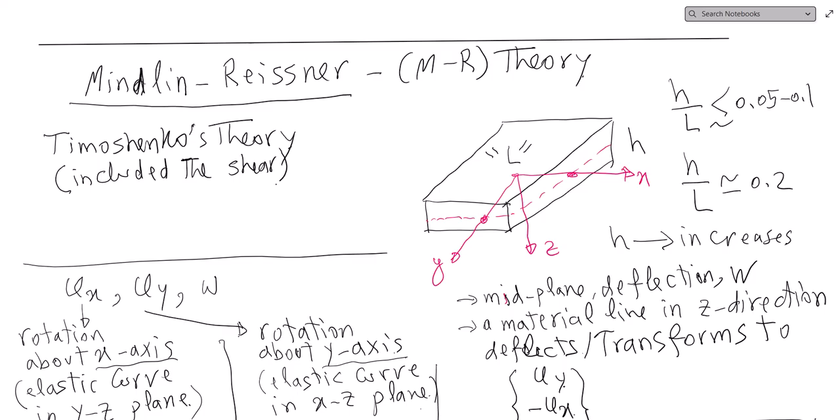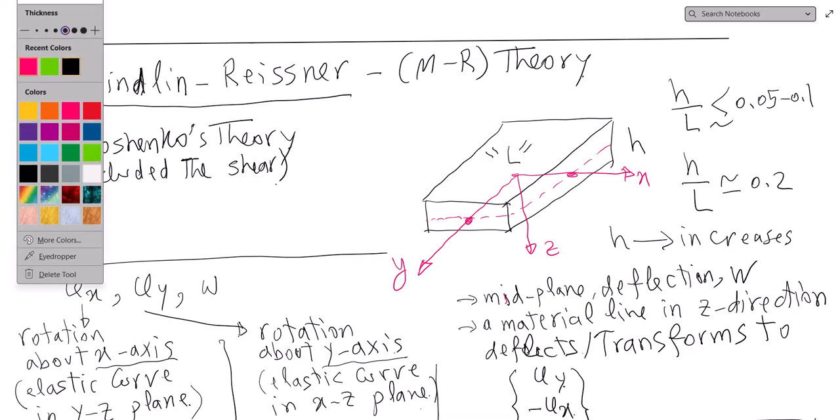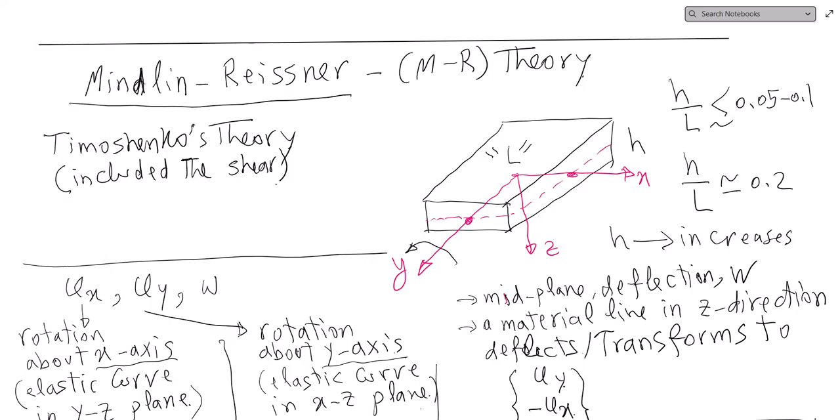The center, maybe I draw it better here. Okay. So applying phi y, in the positive direction for y, this is phi y, rotation about y, and in the positive direction for x, this is phi x.